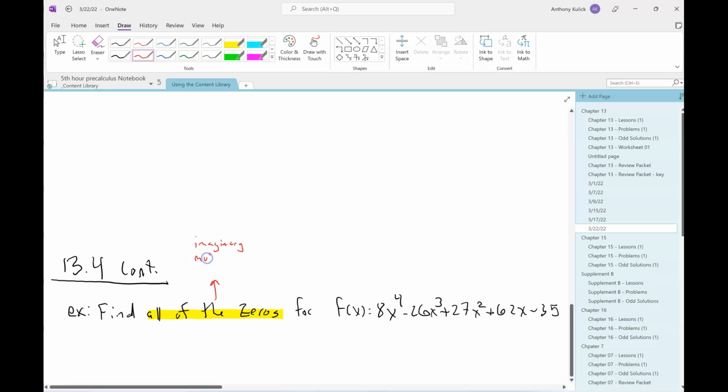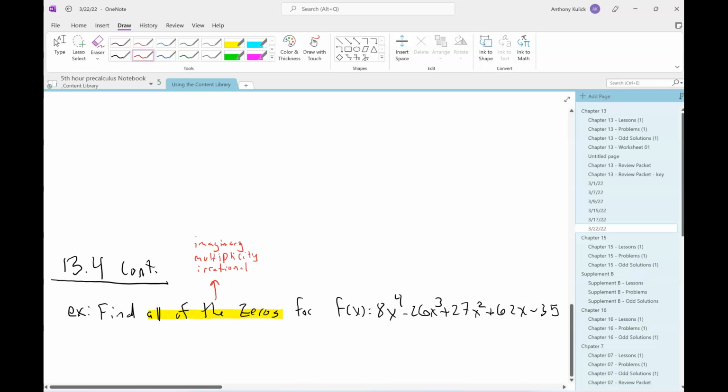We could have duplicate solutions, those are the multiplicities, and we could have irrational zeros, things like square root of 5 or something that you can't synthetically divide to find. Okay?